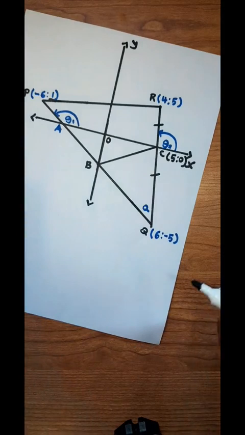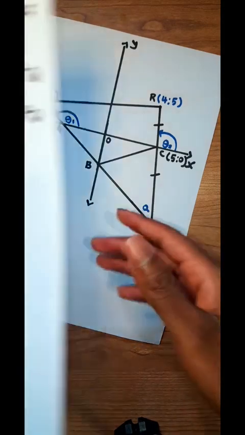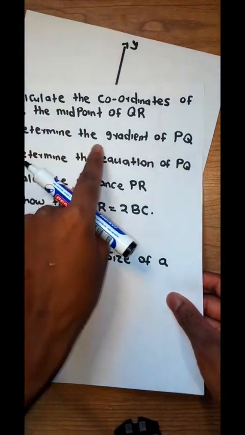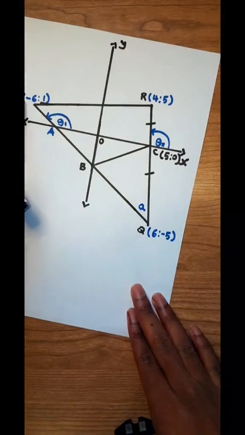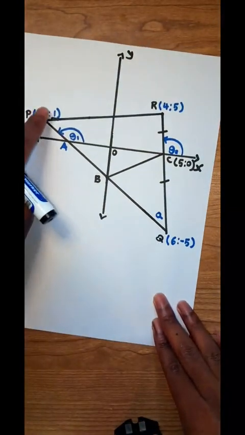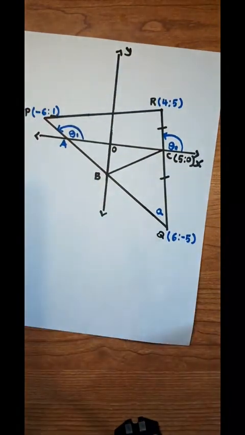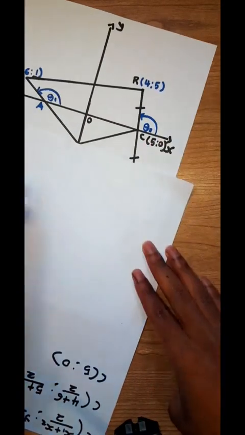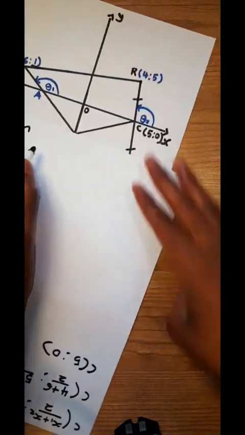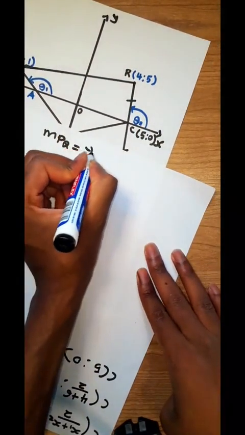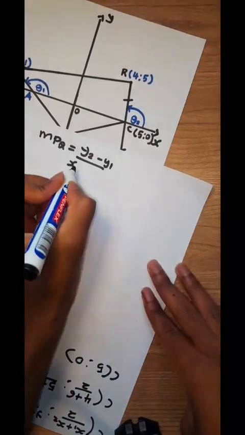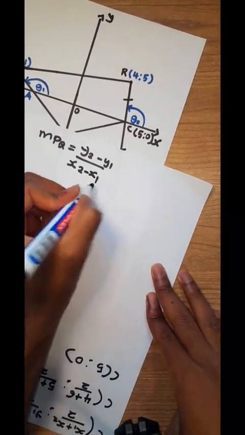Now, the next question says, determine the gradient of PQ. Which one is PQ? This is PQ, and luckily we have the coordinates of PQ. So how do we calculate the gradient? The m of PQ is going to be (y2 minus y1) divided by (x2 minus x1).